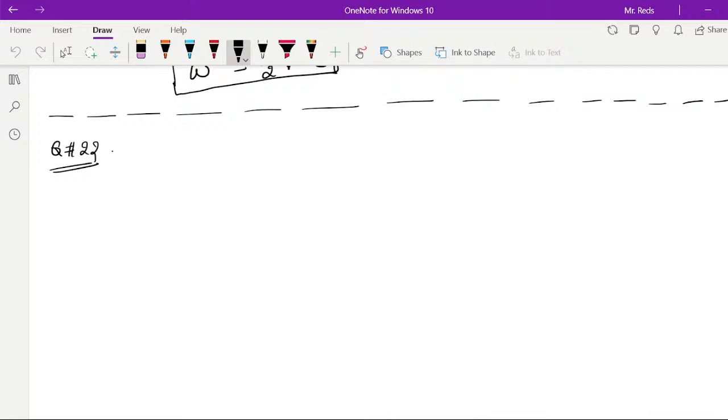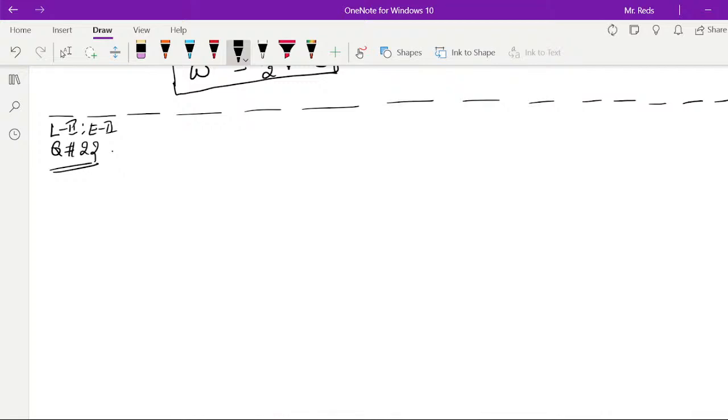So what's your answer? Those who are now online, can you drop the message? What should be your answer for question number 22? Level 2, exercise 2. Question number 22 is a direct, formula based question, guys.